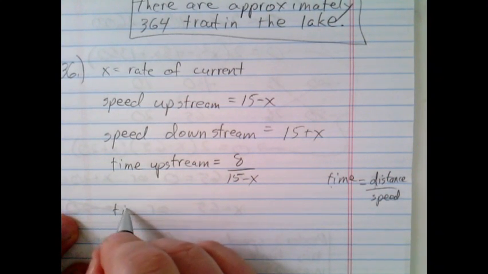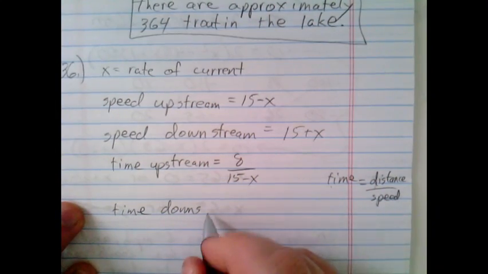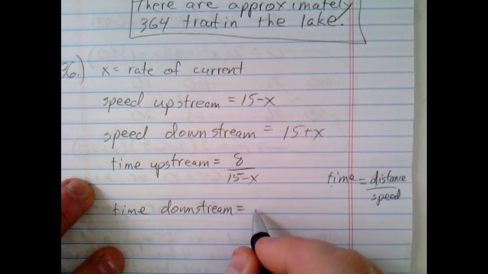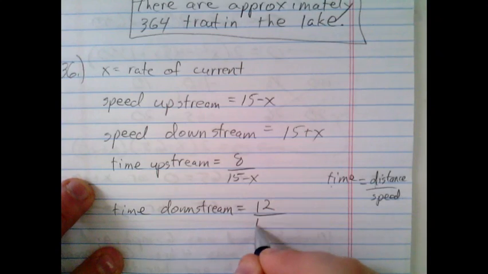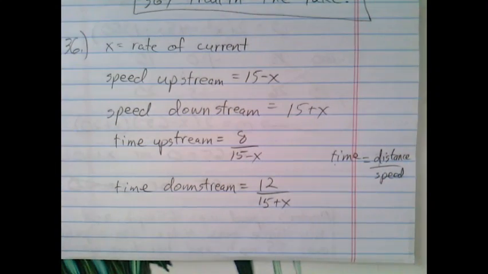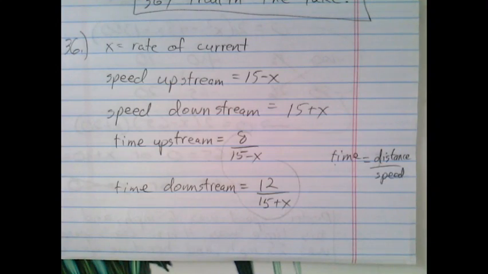And the time downstream would be the distance over the speed. Here's the key: in this problem, they tell us that it's the same time.